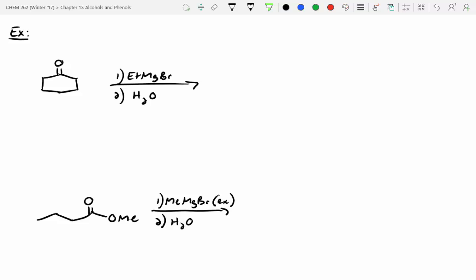And with the second one, it may help if you draw the full mechanism too, and we'll do it as a class together. But I want to see if you guys can figure it out. It's pretty similar to a reaction we've already seen.